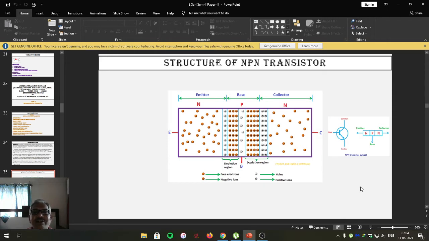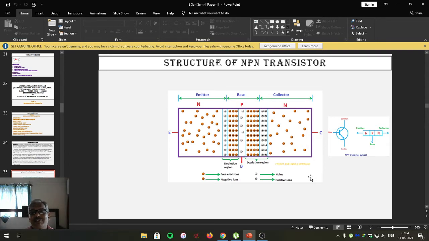We also studied that it is a semiconductor device in which one type of semiconductor is sandwiched between the opposite pair of the semiconductor. Depending upon which layer is sandwiched, there are two types of bipolar junction transistor which we have classified yesterday.